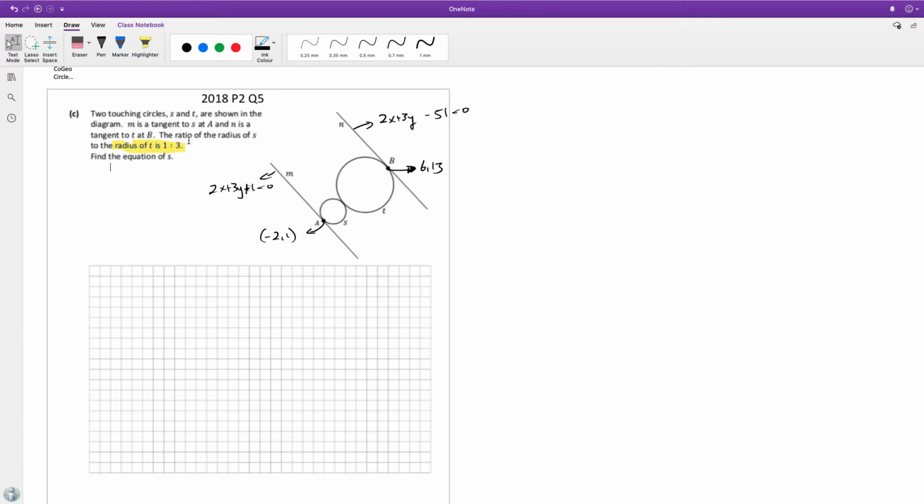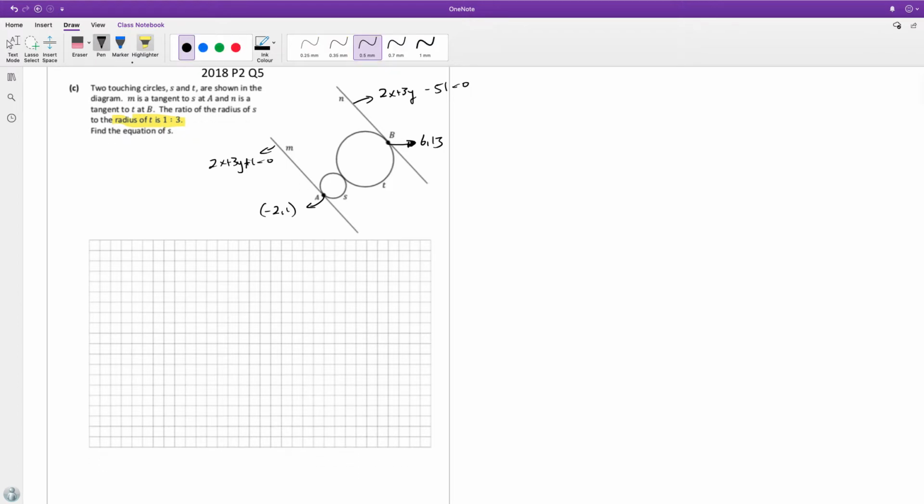It's the square root of x2 minus x1 squared plus y2 minus y1 squared.